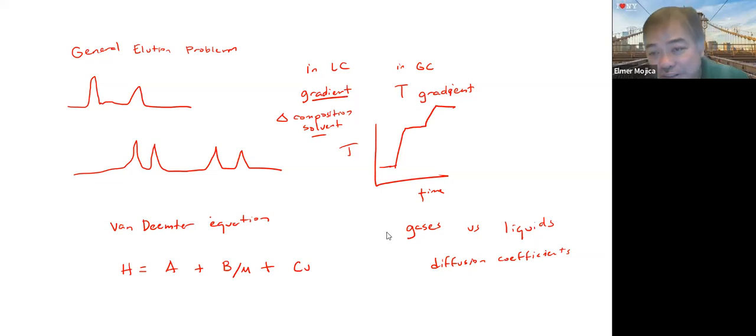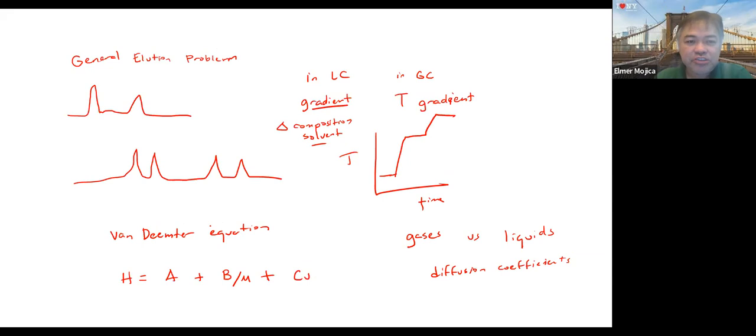So ano ang proof nito sa chromatogram? Ano yung problem ng longitudinal diffusion? Anyone? Usually it causes what? Band broadening.